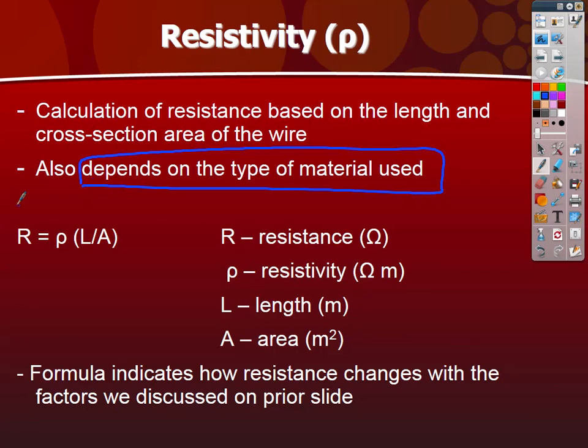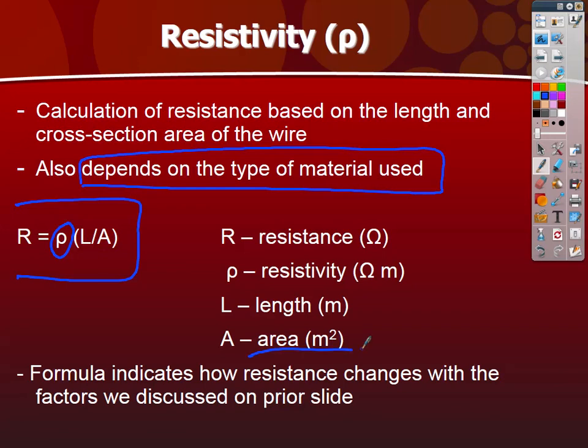So it leads us to a formula right here, and this formula is basically a resistance formula. Be careful here. This is not measuring resistivity. R is resistance. The resistivity factor is simply in that formula already. So you can see resistance equals the resistivity factor, which is a constant for a particular material, multiplied by the length, how long the wire is, divided by what's called the cross-sectional area.